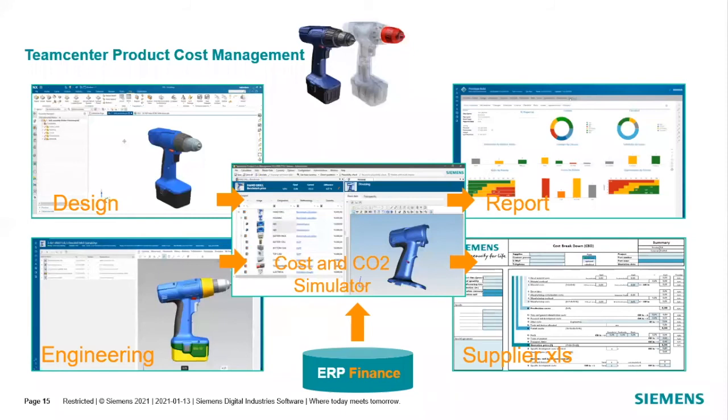Just to give you some teasers of what we are working on now at Siemens level: basically, we have this information flow from the design team on the CAD tools and from the engineering team on the PLM tools. We are able to connect this data to PCM using the current APIs.